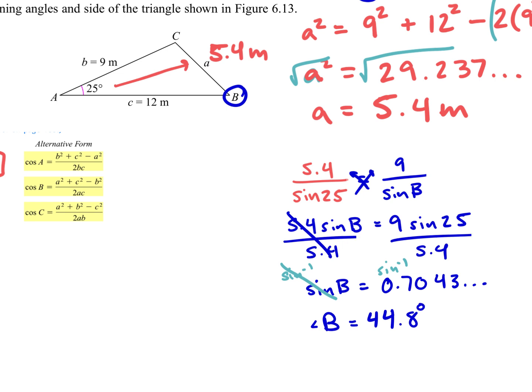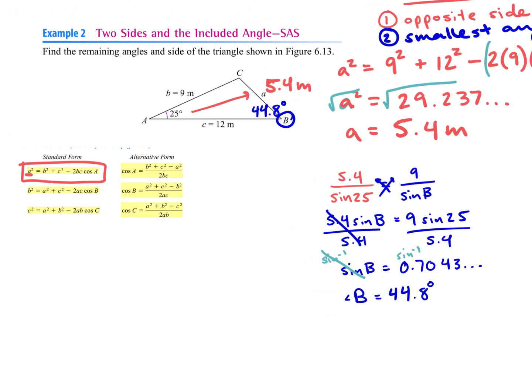Degrees, awesome. So 44.8 degrees. How do we find angle C, our last angle? If we have two angles, what can we do to find the third? Awesome, add them up and subtract from 180. So we're going to do 180 minus 25 minus 44.8.